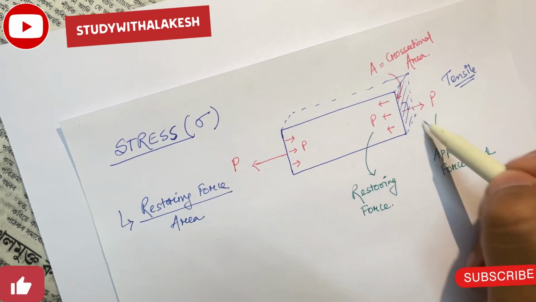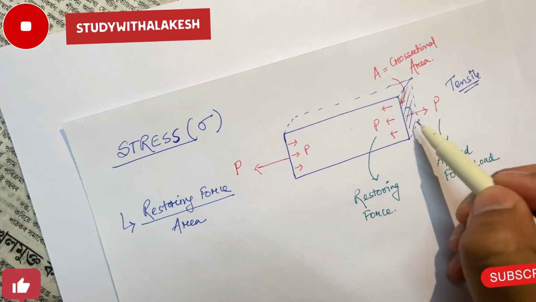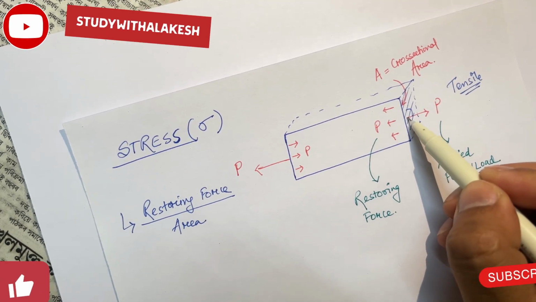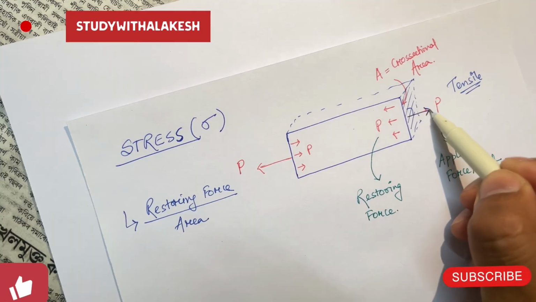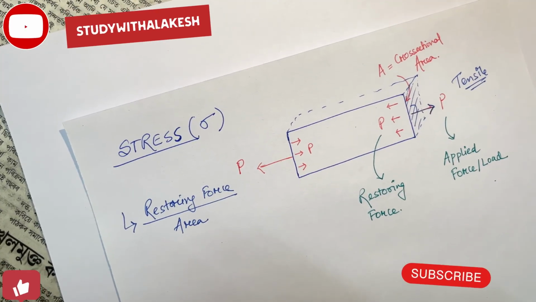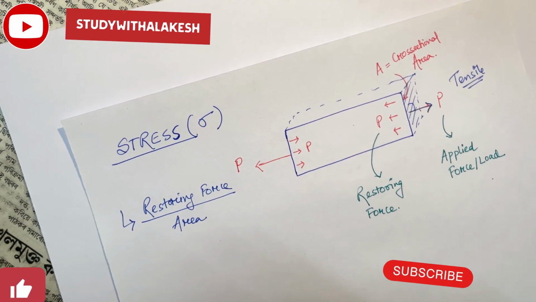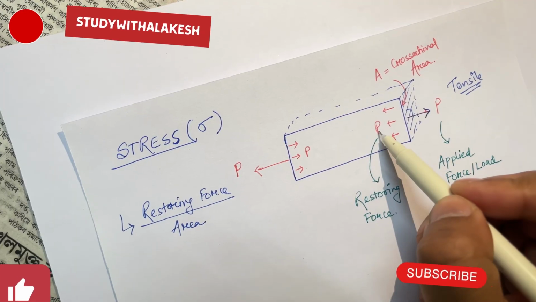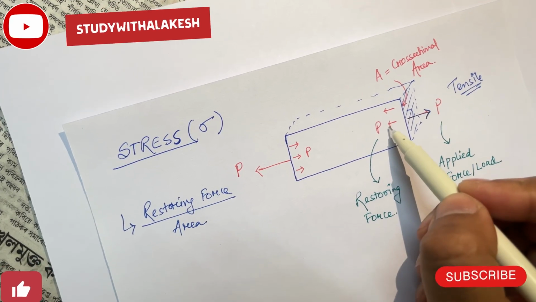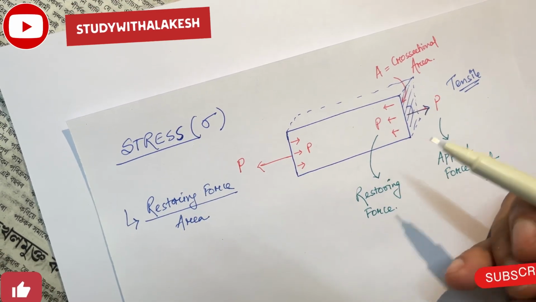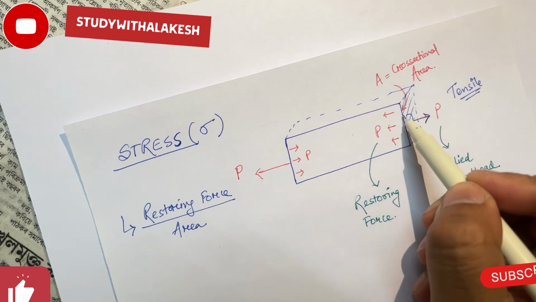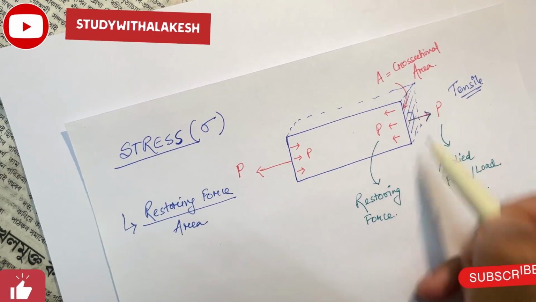But if you take this surface, since we are applying one force on the surface, according to Newton's third law, a similar equal and opposite force will get developed on the other side of this surface.